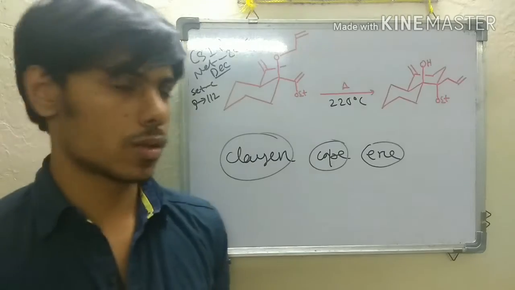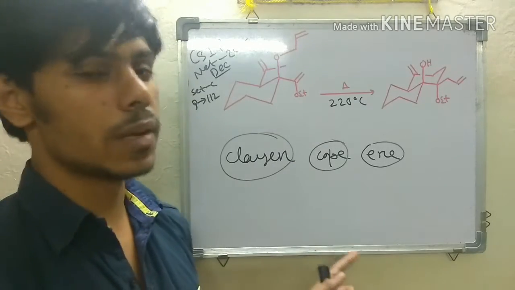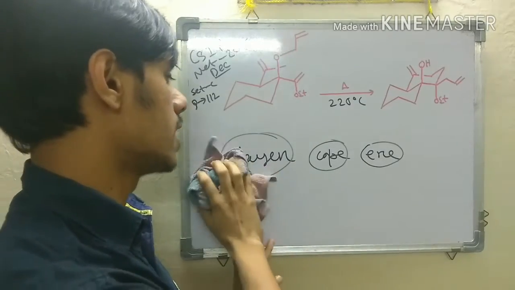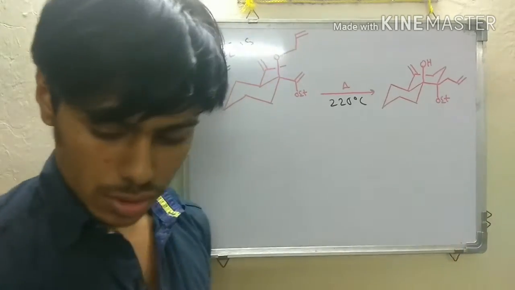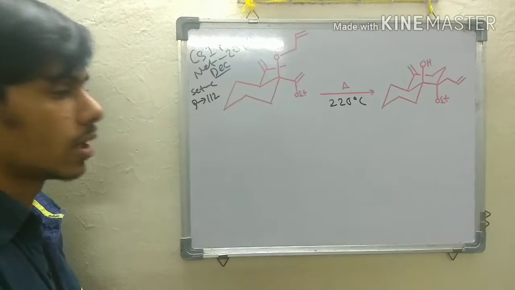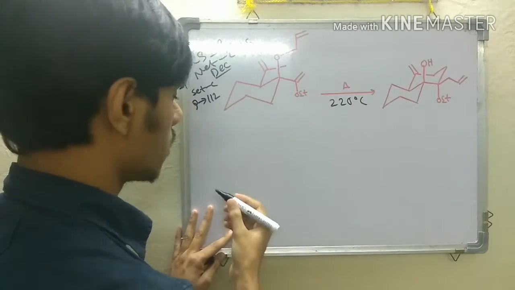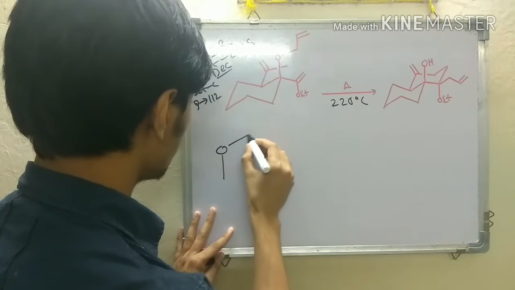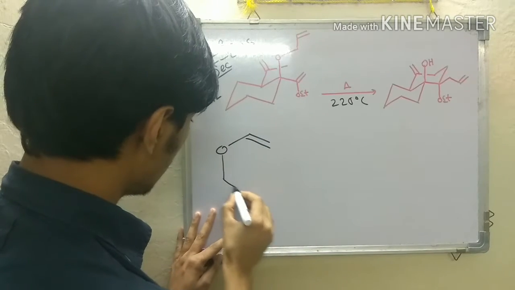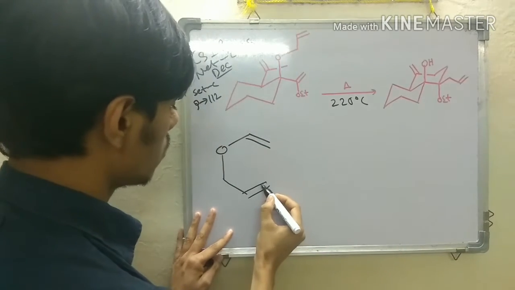Now, before solving this problem, you have to be familiar with these three reactions, that is Claisen, Cope and ene. Let's start with the Claisen rearrangement. It is basically a rearrangement of vinyl allyl ether.